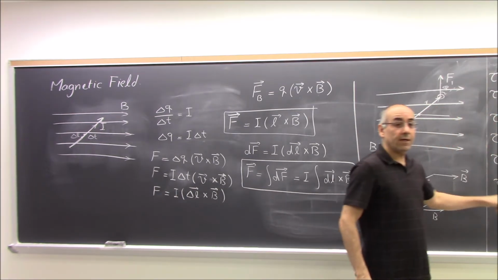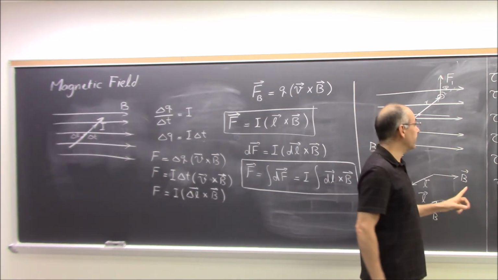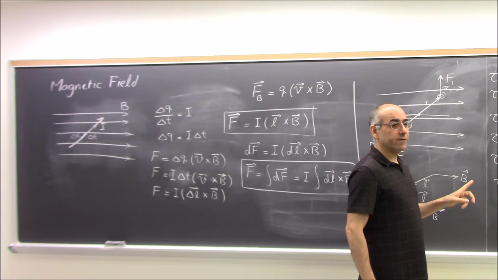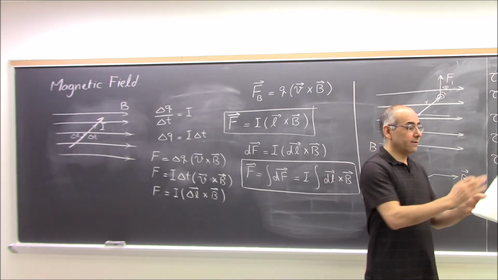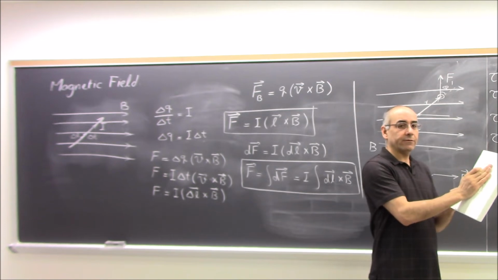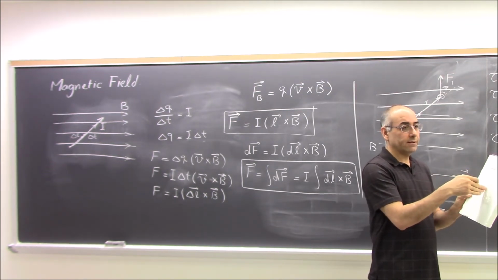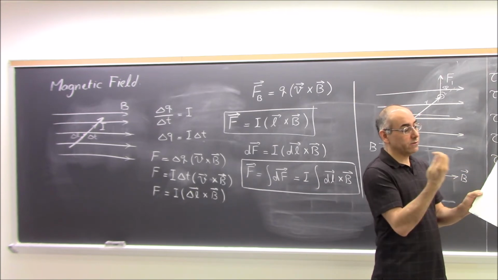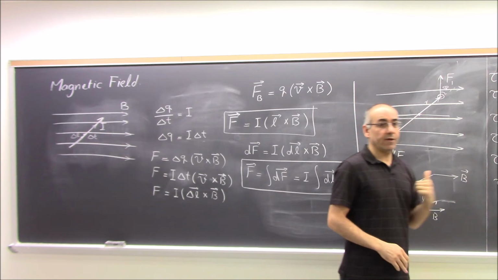I want to define the area vector again. I want to write this in terms of area vector. The area vector is defined, we said that it's the same as the magnitude of the area, but the direction perpendicular to the area, right? The direction can be this way, can be that way. Now that we have current, we can uniquely define that area.